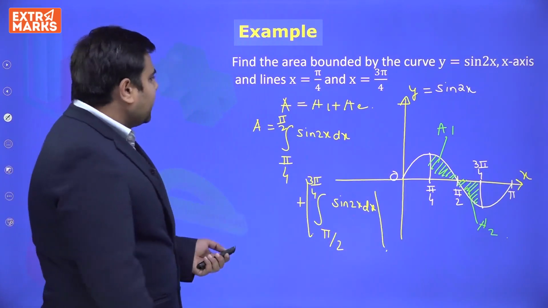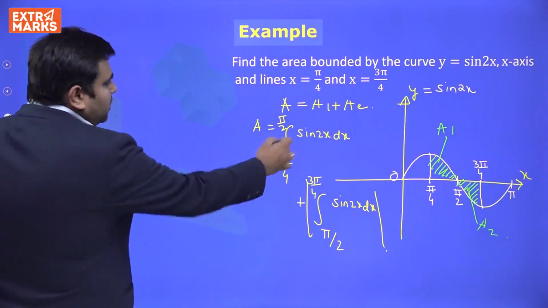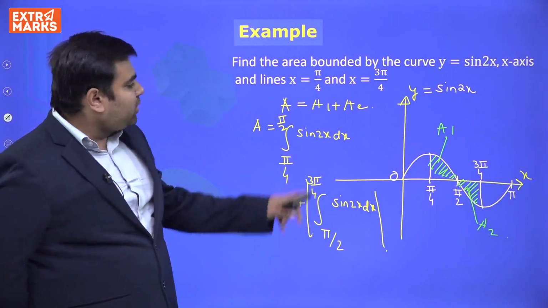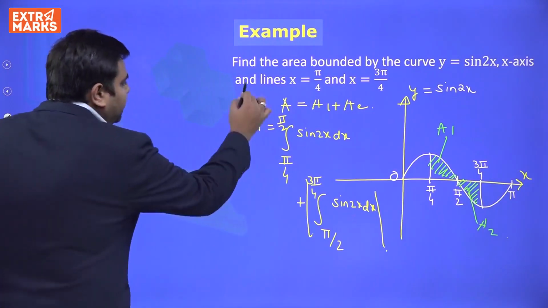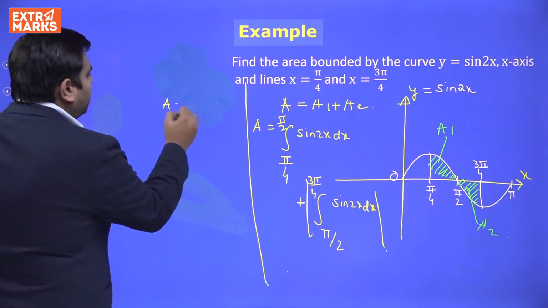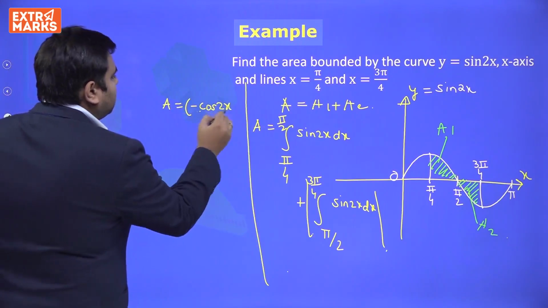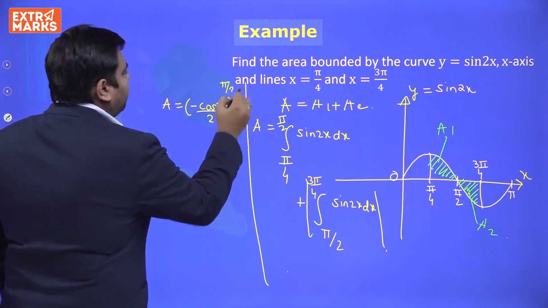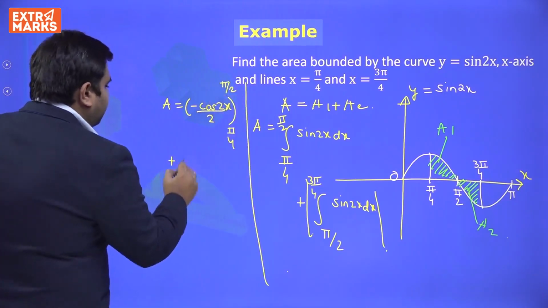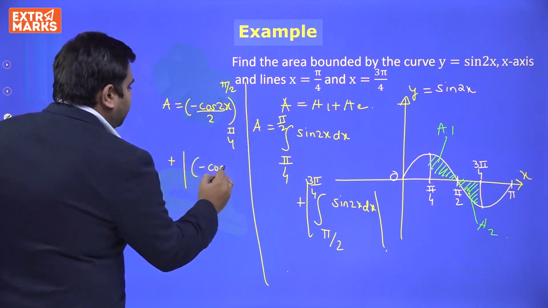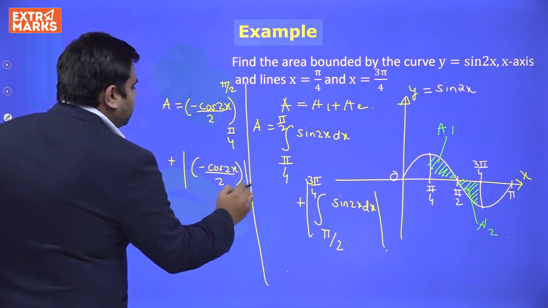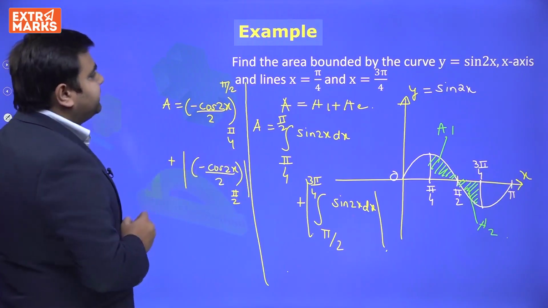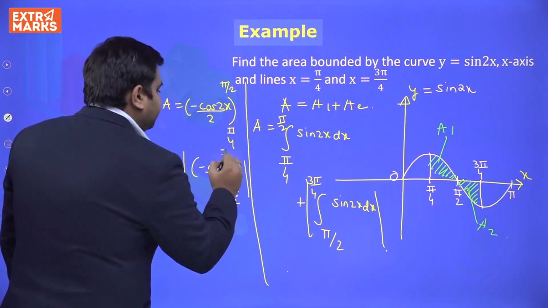So now let's calculate area further. What is the integration of sine x? The integration of sine x is minus cos x. So what will be the integration of sine 2x? It would be minus cos 2x by 2. So I am writing down the final expression over here. It would be minus cos 2x by 2 from pi by 4 to pi by 2, plus modulus of again minus cos 2x by 2, modulus closed, but this time from pi by 2 to 3 pi by 4, right?